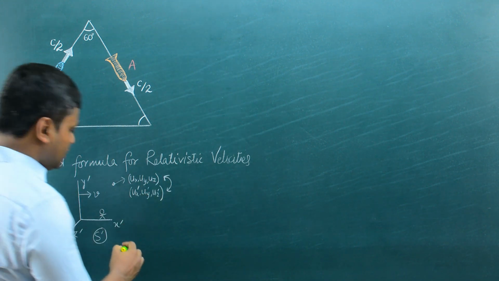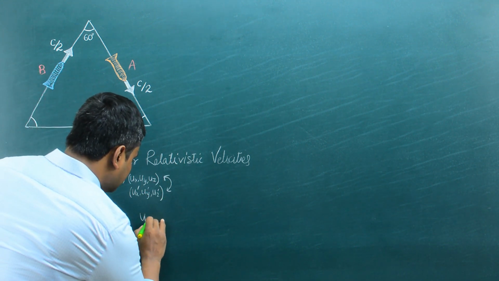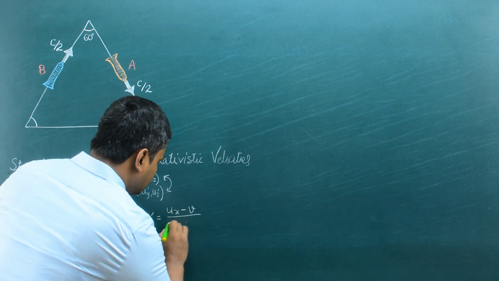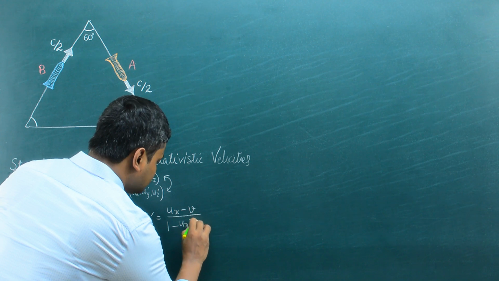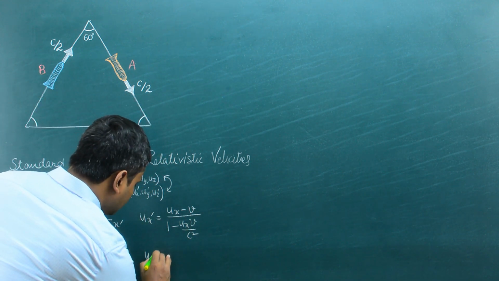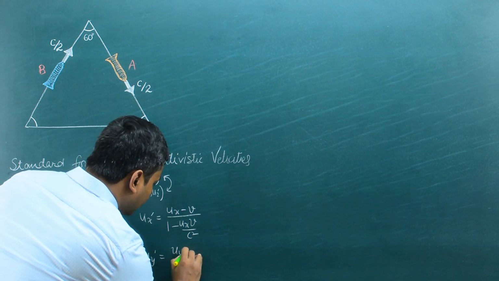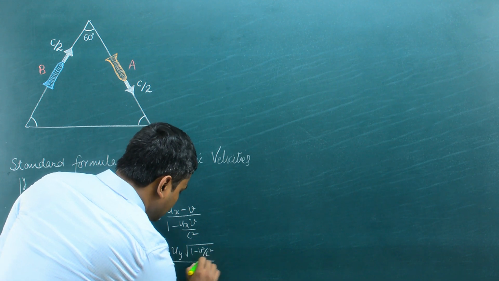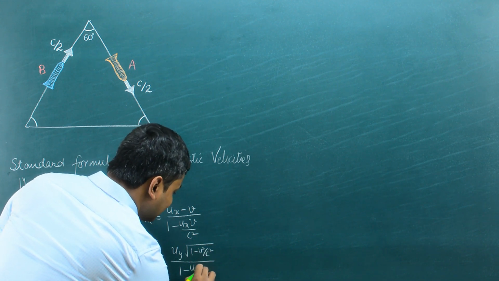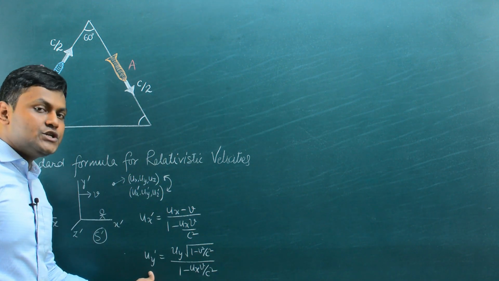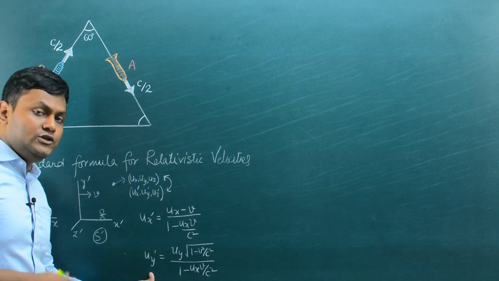Well, those are the equations that I was talking about. So ux dash is simply equal to ux minus v upon 1 minus ux v upon c square, while uy dash is equal to uy times root over 1 minus v square upon c square, upon 1 minus ux v upon c square. The uz dash also has a similar formula like the uy dash one.